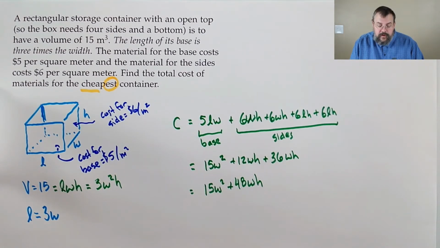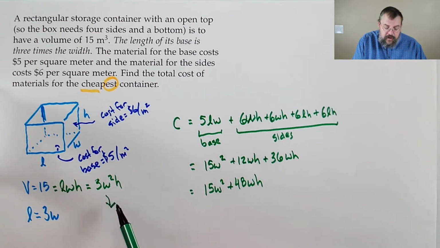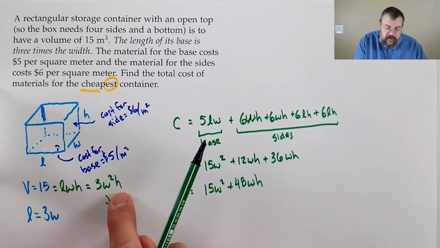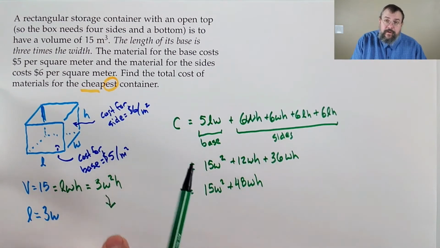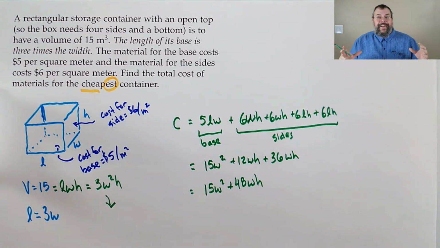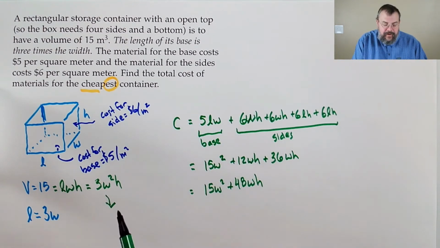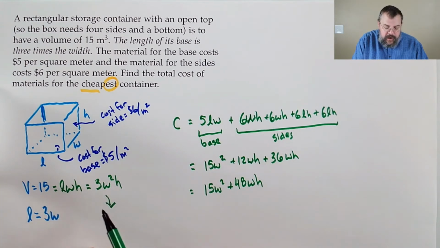Well, what we can do is solve for h because h is just a single h, whereas w is a w squared. I don't want to get square roots involved, so let's solve for h. So if we solve for h, we divide by 3, divide by w squared. We can say that h is equal to 5 over w squared.